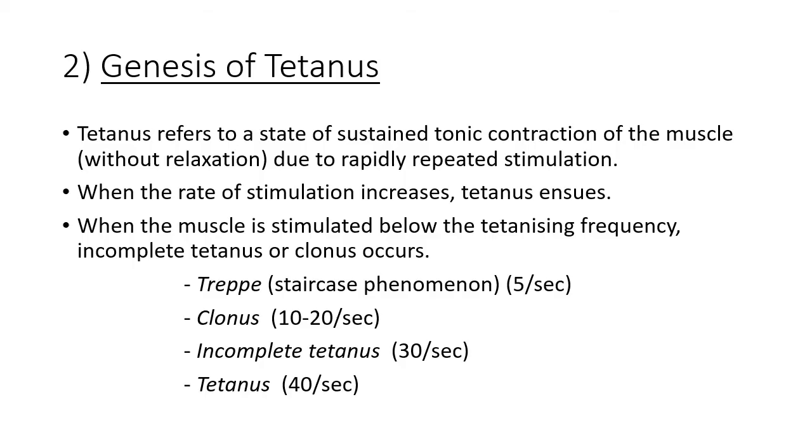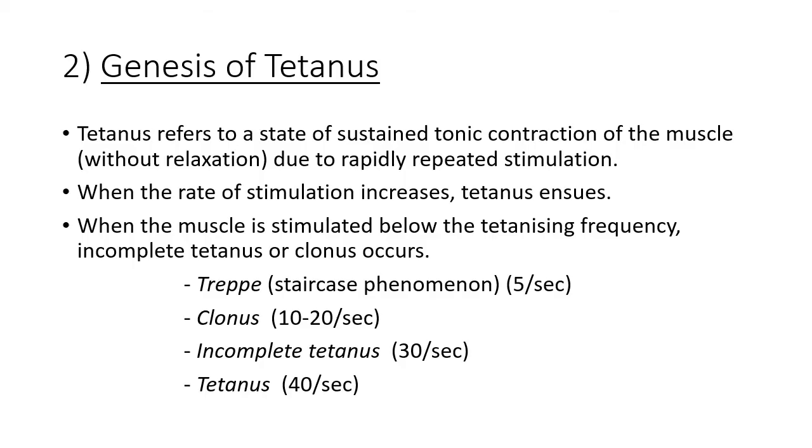When the rate of stimulation increases, tetanus ensues. When the muscle is stimulated below the tetanizing frequency, incomplete tetanus or clonus occurs. So basically, what is tetanus? It means continued contraction of the muscle without relaxation, only contraction, mostly due to rapidly repeated stimulation.